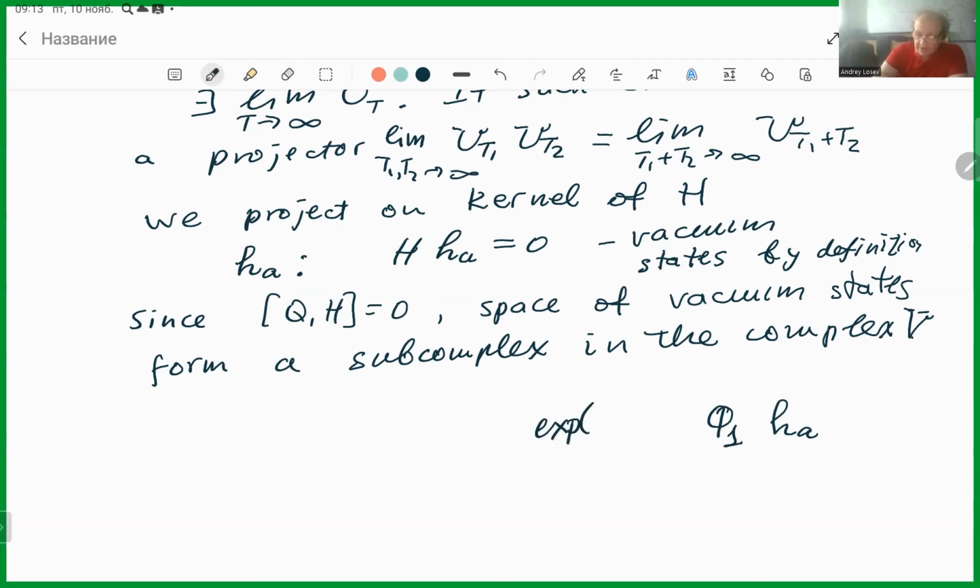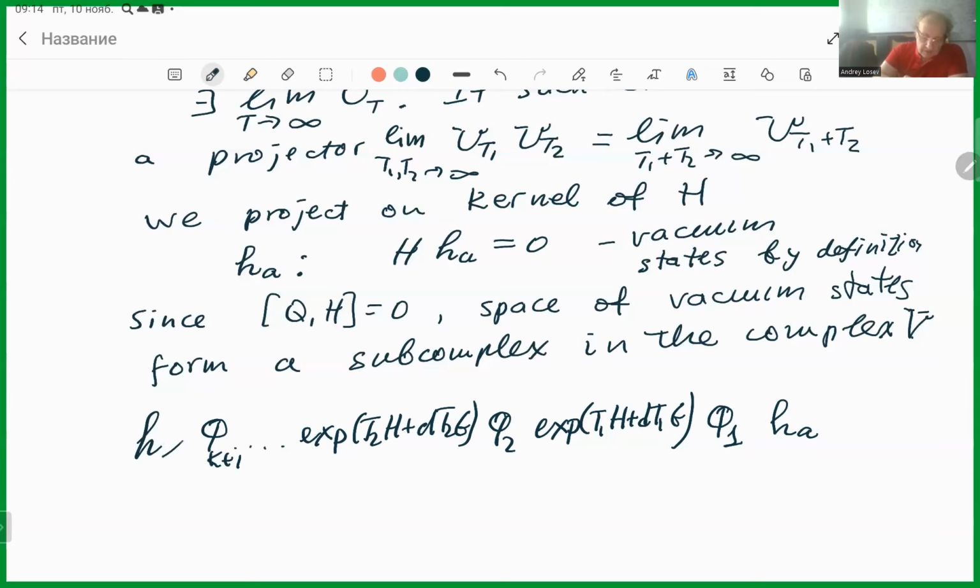And here is my favorite exponential, e to the T1 H plus dT1 G. Phi 2. Exponential, e to the T2 H plus dT2 G. So here I'll have phi k plus 1. And here I have H B. So it will be the main object of study.